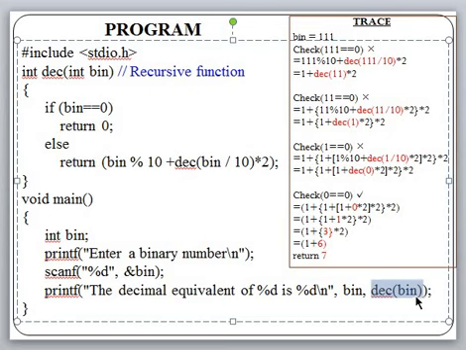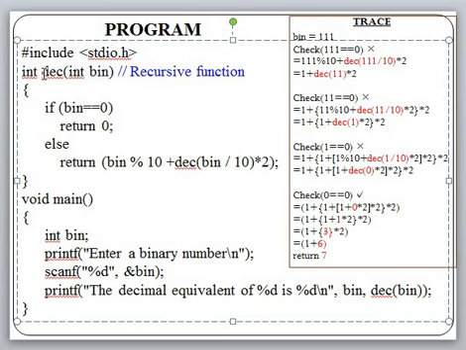Initially it was 111, and when it reaches here it is 111, and later in the process that bin is divided by 10 every time to call itself again. So DEC is called with a revised value of bin, and control jumps from this line to here again with that new value of bin.